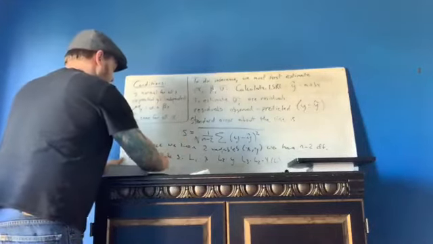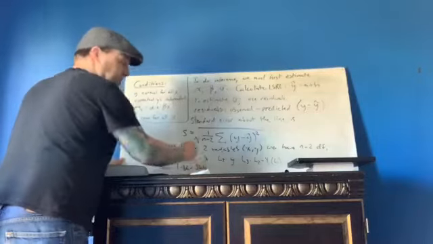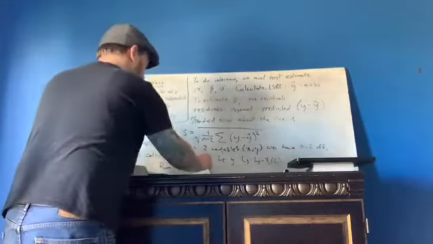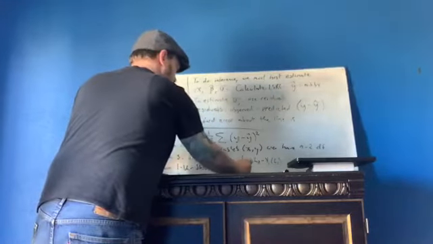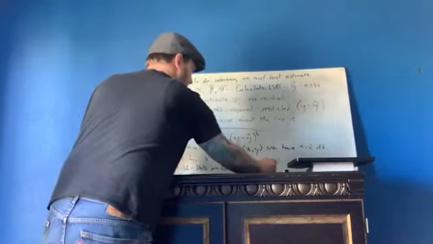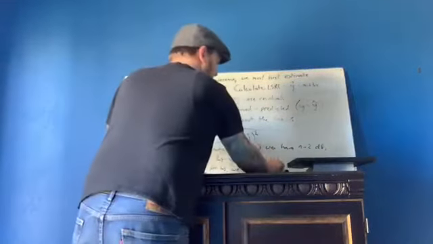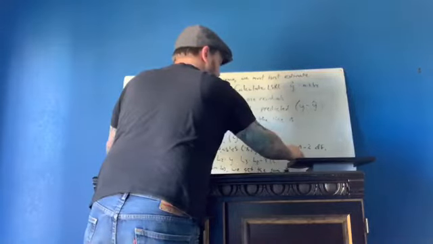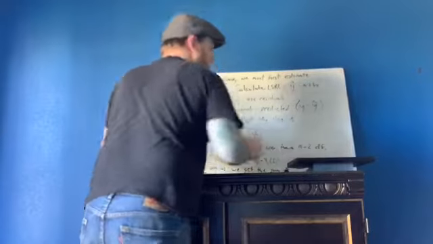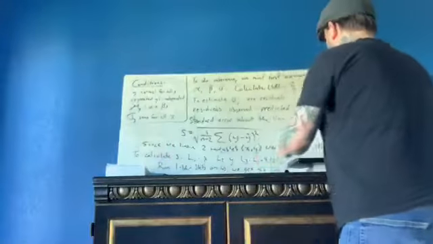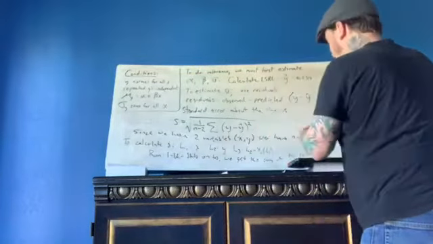All right, so if we run one of our stats, stat calc 1, on L3, we get the sum of the squares, right? You can't read that because of where I'm writing it. Put this up here. I'm going to rewrite this for you.